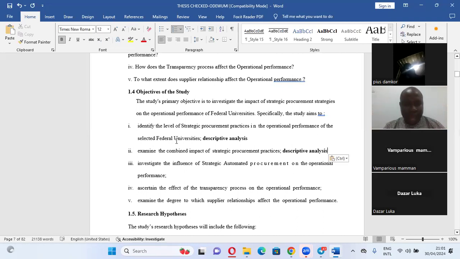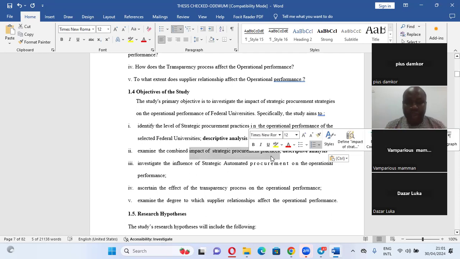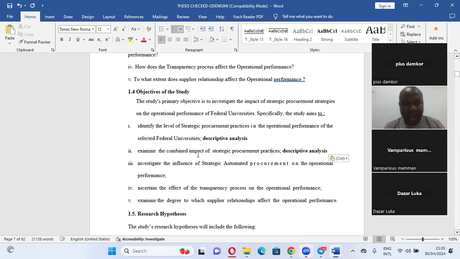Okay, now look at this. Identify the level of strategic procurement practice in the operational performance of selected federal universities. That's a singular variable objective. What are we looking for? Level of strategic procurement practice is what we are looking for. So we have only one variable here. It's descriptive. Look at this one. Examine the combined impact of strategic procurement practice. So that means that impact of strategic procurement practice, that's a singular variable. But it will be another thing if they say examine the combined impacts of strategic procurement practice on something.